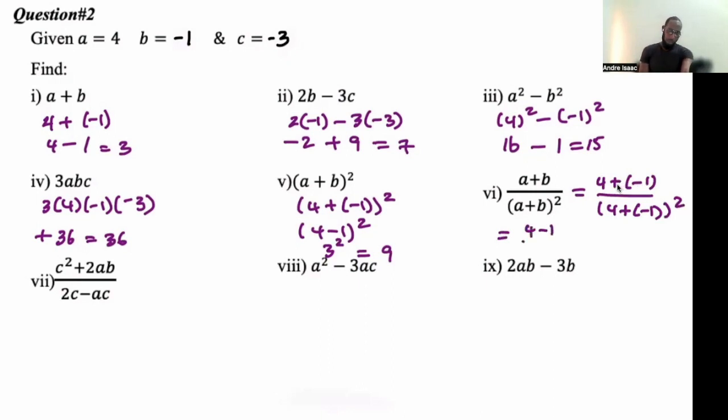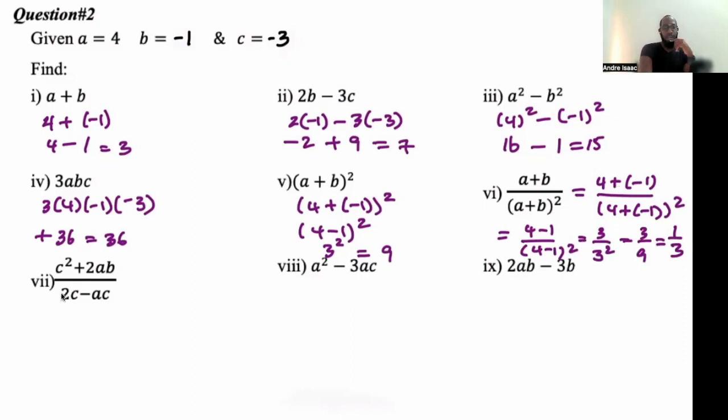So we have 4 minus 1 over 4 minus 1 squared, because it's similar inside there. 3 over 3 squared, which is 3 over 9, which is a third. You could have just put that all in your calculator and get the answer. I just stress the work in there. So you get a third there.